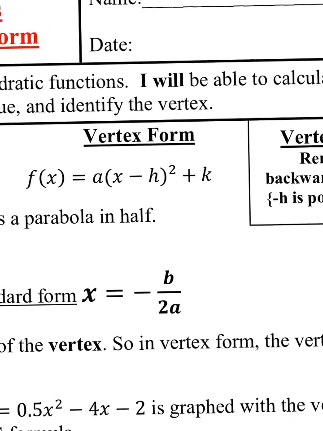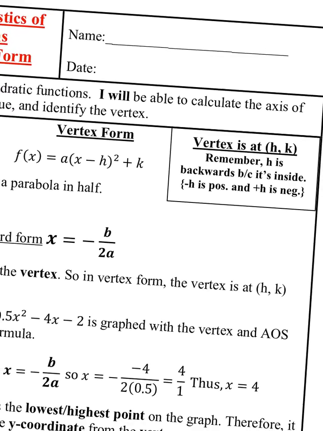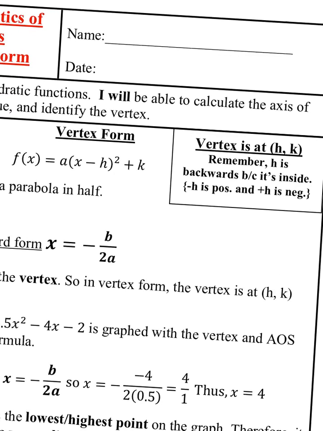Vertex form doesn't use a, b, and c. It does use a, but I guess I should say it doesn't use b and c. Vertex form uses h and k, and so you'll see formulas with the letters h and k, and generally speaking they mean the vertex.